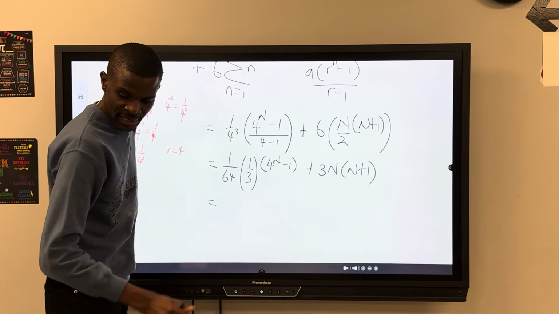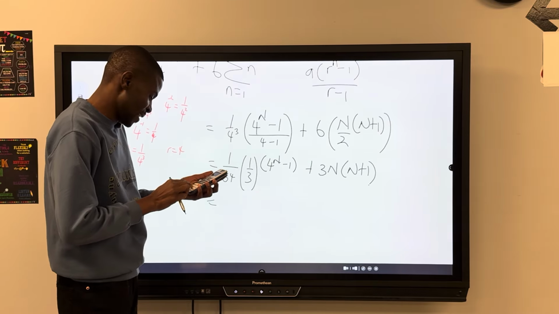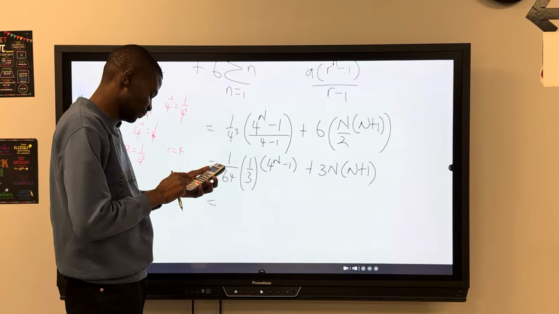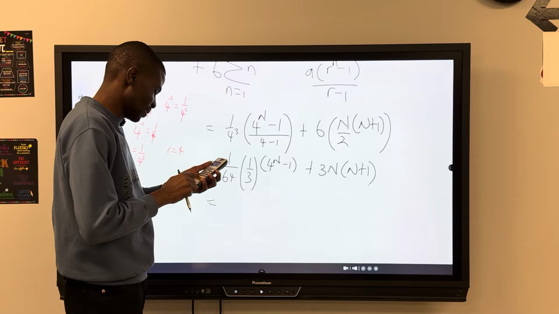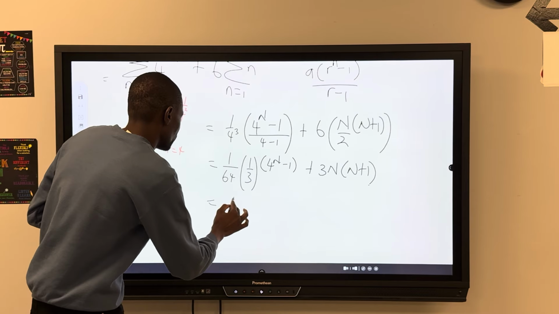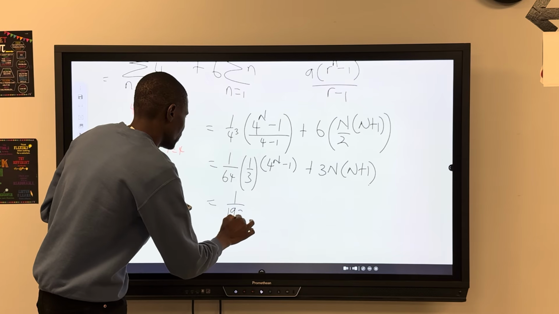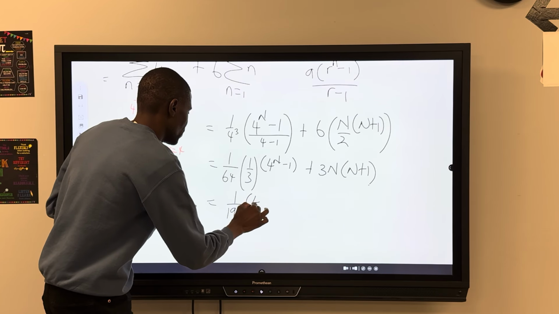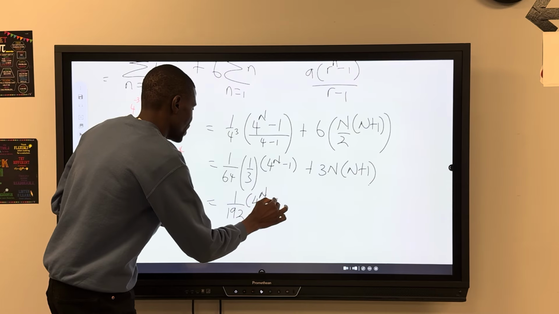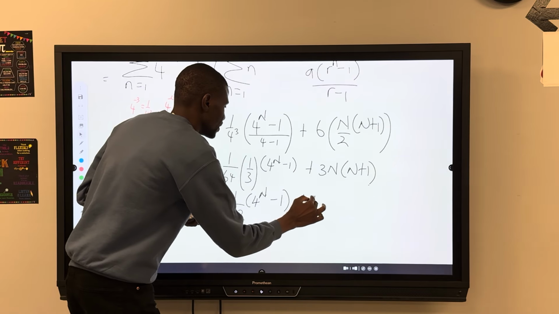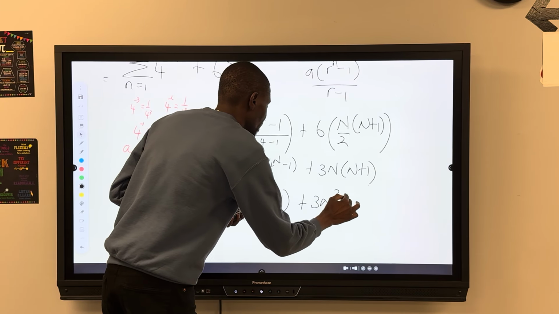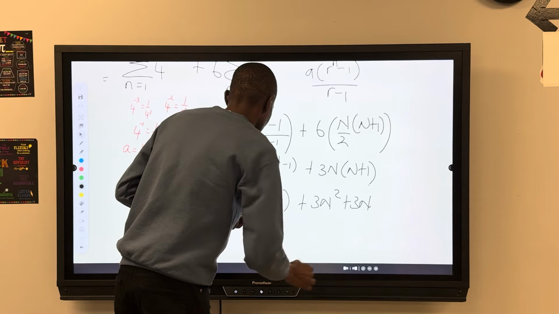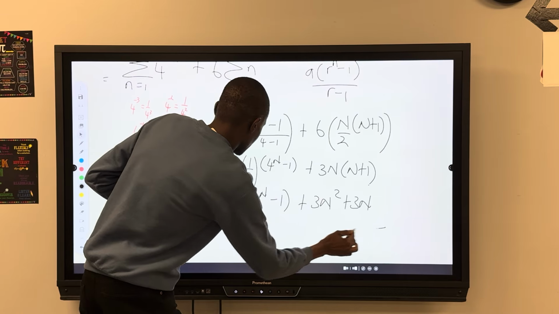That simplifies to: 64 times 3 is 192. So 1 over 192 of 4 to the n minus 1 plus 3n squared plus 3n. I believe we can leave it like that.